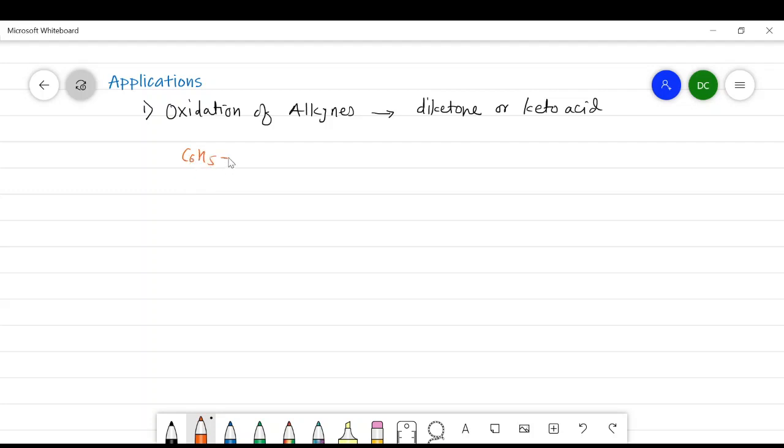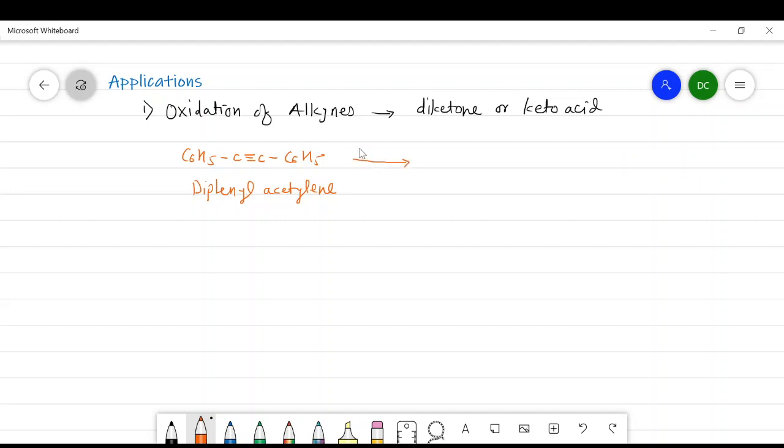Suppose the alkyne is diphenyl acetylene. In diphenyl acetylene, a triple bond, that is carbon triple bond carbon, is present in between two phenyl groups.